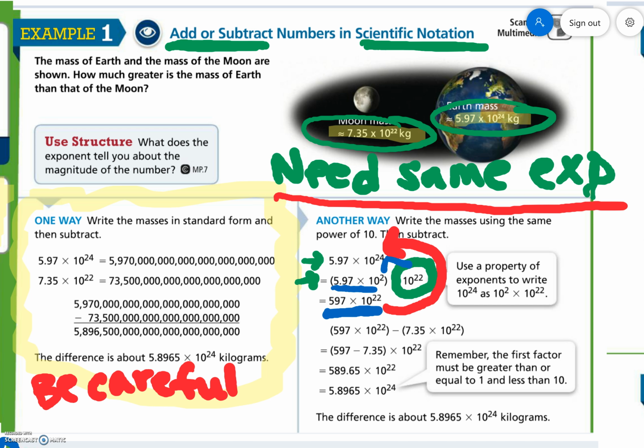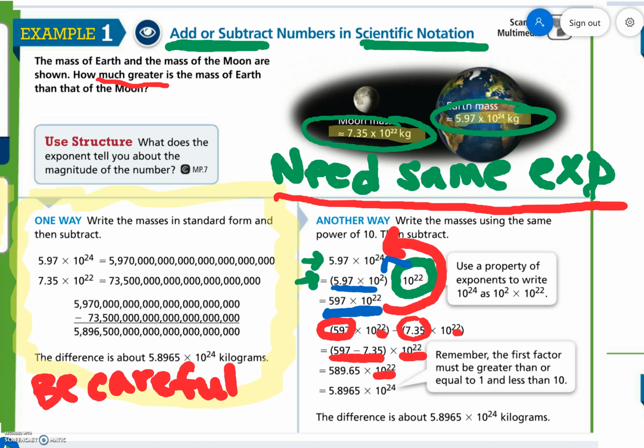Okay, now that we have them in the same exponent, we've got 22 and 22, we can add or subtract. In this case, we want to know how much greater, so we have to subtract. What you do is you subtract the numbers, 597 minus 7.35, and you just keep the 10 to the 22nd coming along.